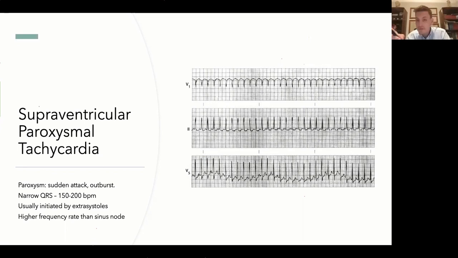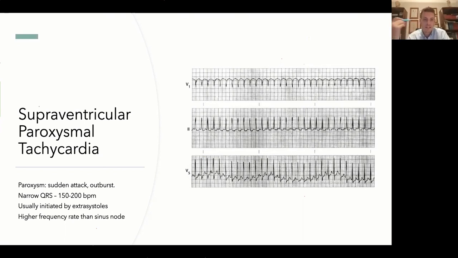It's around, can anyone tell me how much it is? Let's not forget our roots. It's around 150, right about there, okay? So it fires at a very fast rate with narrow QRSs, supraventricular, and paroxysmal, because it usually occurs after an extrasystole.